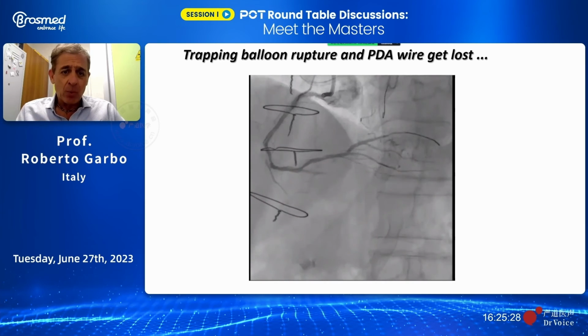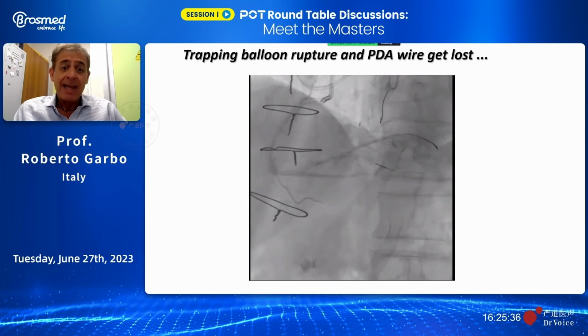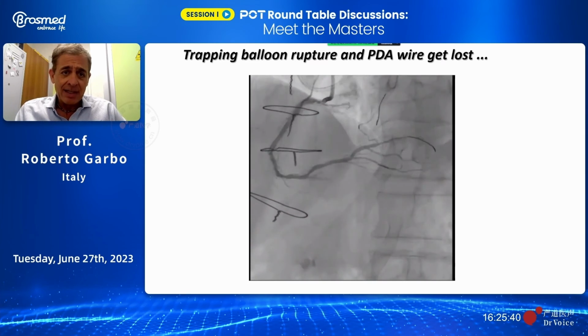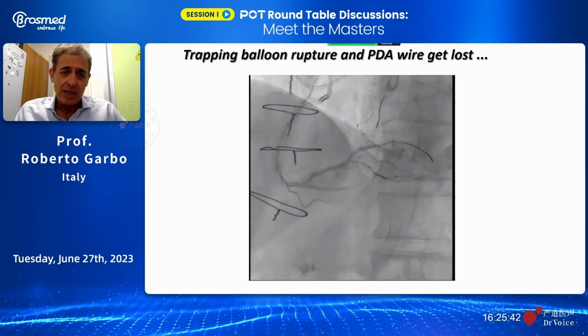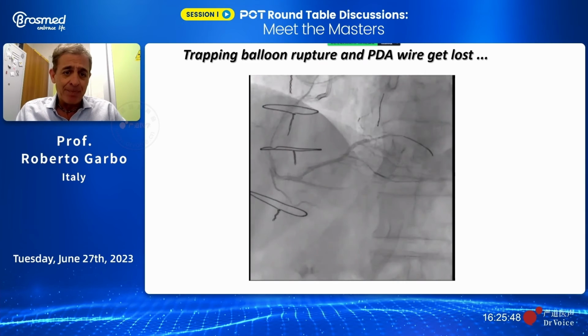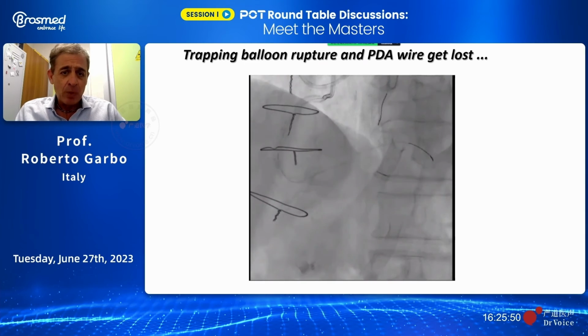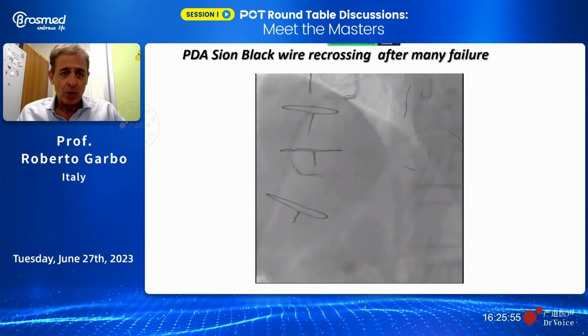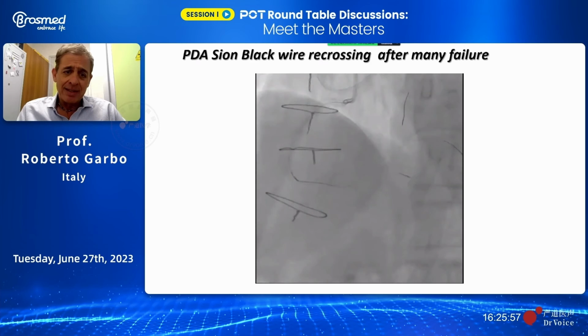Then we have a problem. During the trapping maneuver, we have a rupture of the balloon, and then I lose the wire on the PDA. So you can see here, this is the critical situation because we have the PDA without any wire, and we have impairment of the flow in the PDA. We have a wire on the posterolateral branch, and then again dual lumen with several attempts.